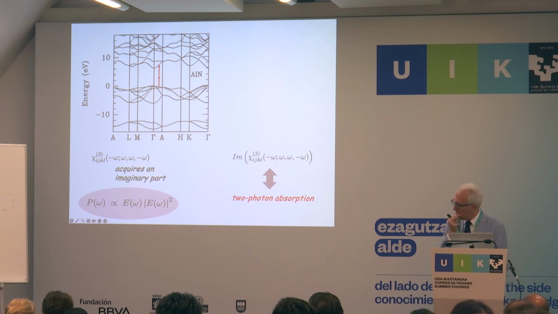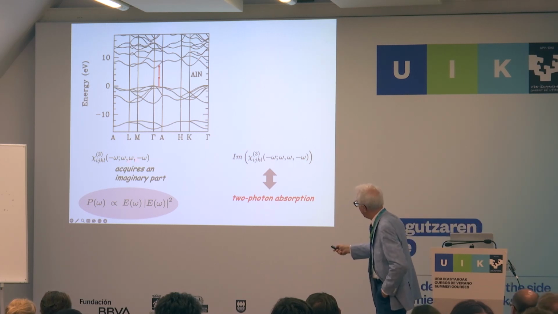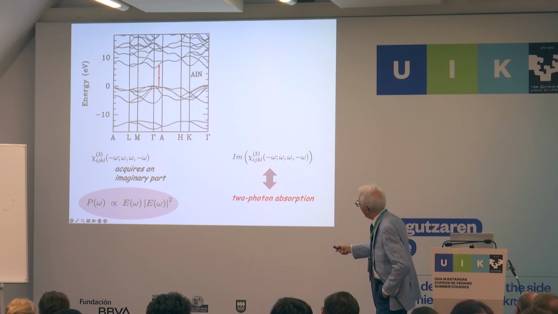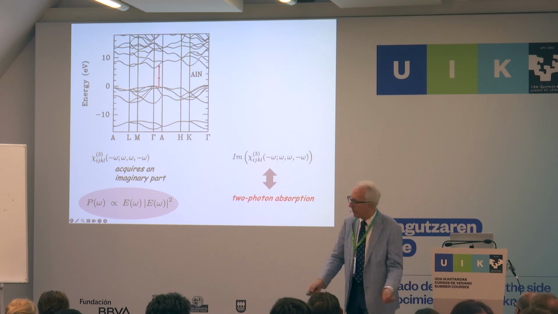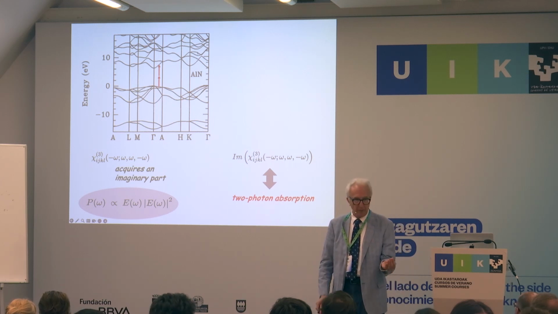And so what's going on here now? Remember, this is omega minus omega omega. So this is like a polarization that's proportional to E of omega, but with the intensity. But if it acquires an imaginary part, that's a polarization that's out of phase with the field that's driving it, and that means absorption.